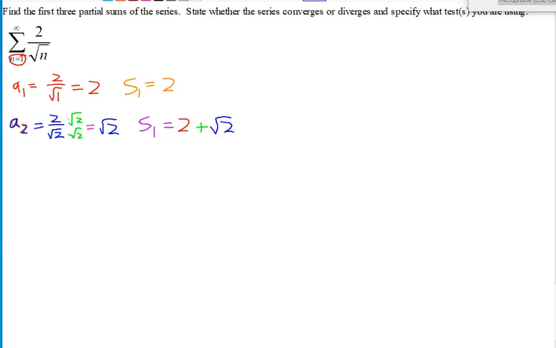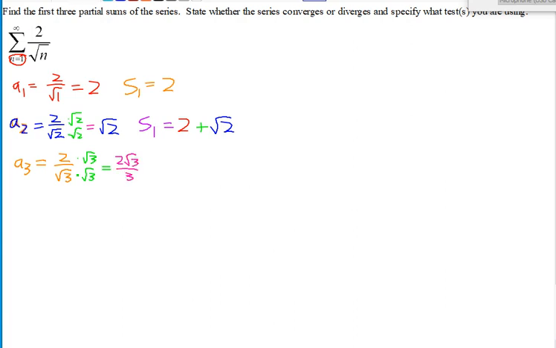And then the third partial sum, plug in 3, 2 over root 3. Again, you could leave it like this or simplify it. Multiply by root 3 over root 3 and that would give you 2 root 3 over 3.